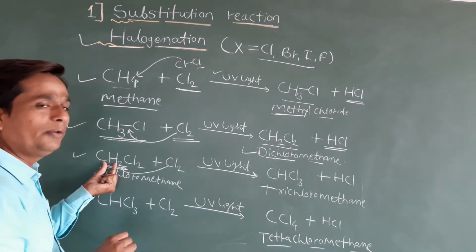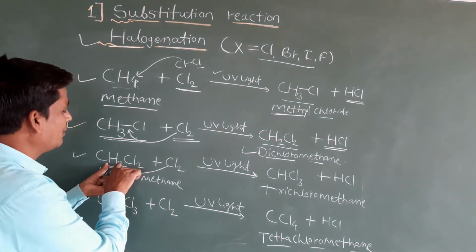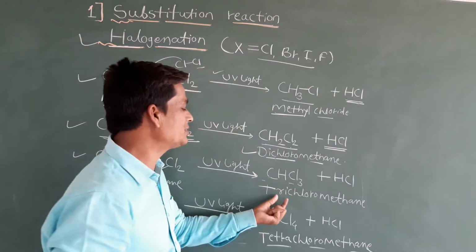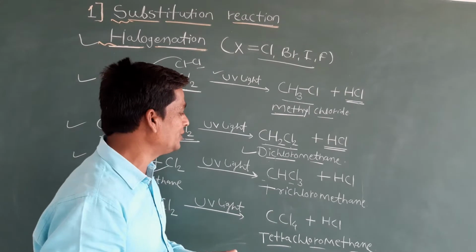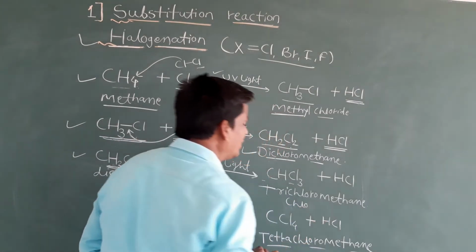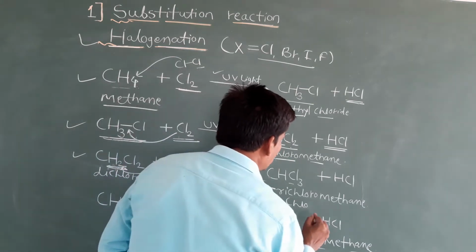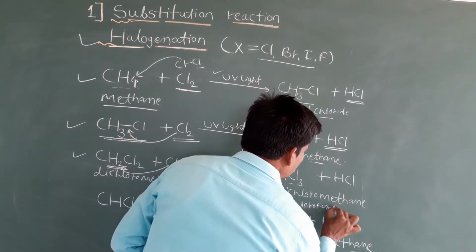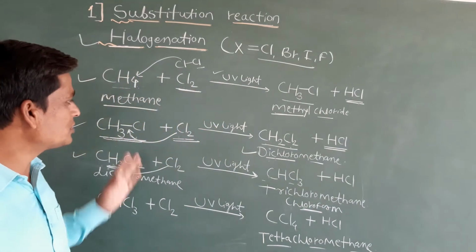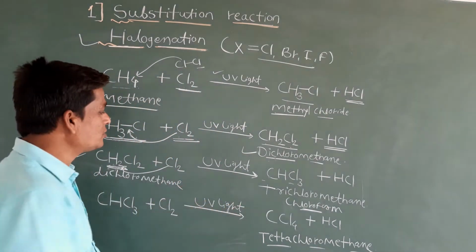From CH2, if you remove one hydrogen, CH remains and one more Cl adds, giving CHCl3, which is trichloromethane. Its common name, a well familiar example, is chloroform. Chloroform is generally used as an anesthetic. The same reaction takes place in the presence of UV light.